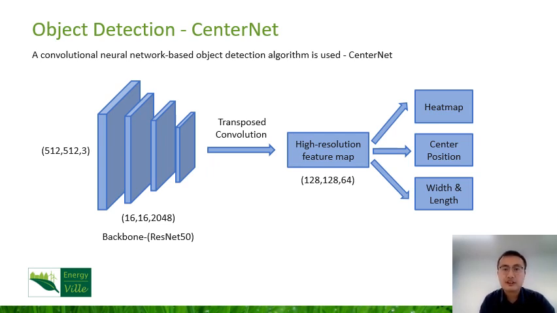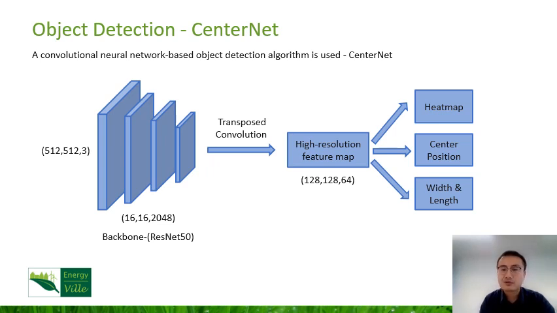With the input figure of dimensions 512 by 512 by 3, ResNet 50 is chosen as the backbone neural network for feature extraction. After this, a feature map with dimensions of 16 by 16 by 2048 is obtained.